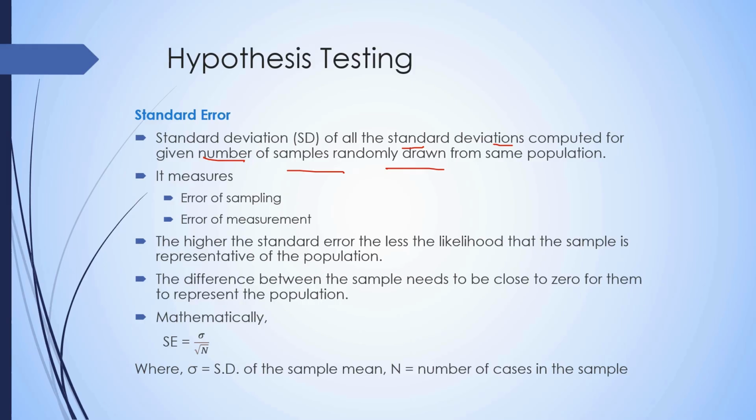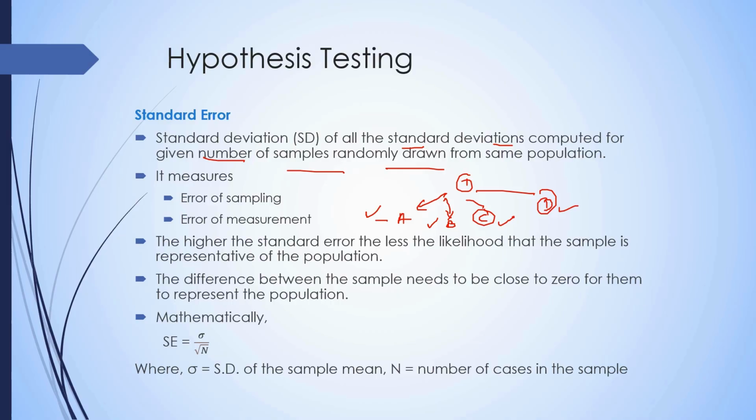So you have one single population and you are drawing A, B, C, D, 4 random samples. Okay, and then you are calculating the standard deviation from sample A, standard deviation from sample B, standard deviation from sample C, and standard deviation from sample D. Okay, and then you are calculating a super standard deviation, like the standard deviation of all these individual standard deviations.